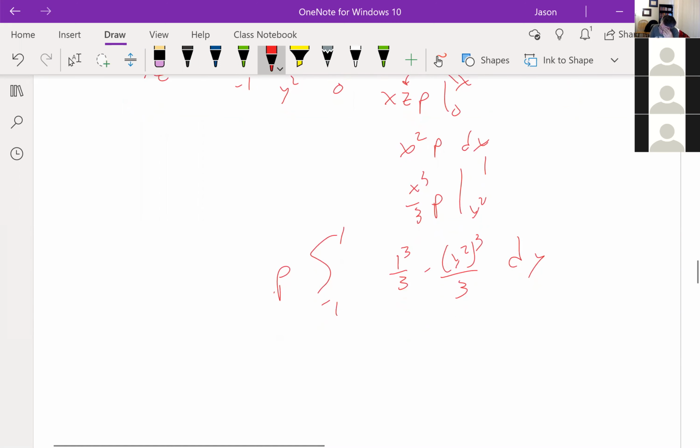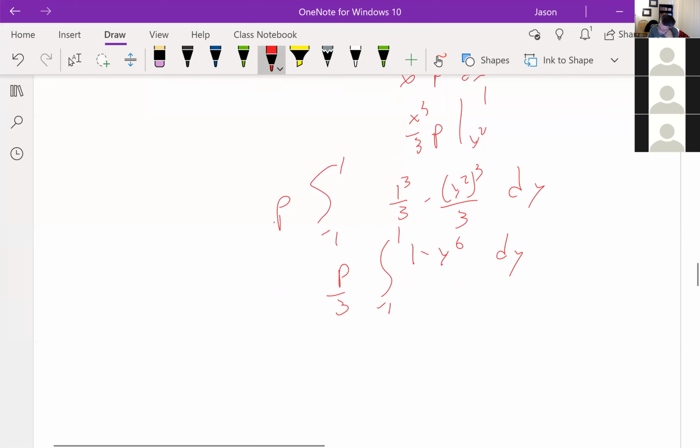Right? So this is going to be, look at the 1. That's 1 cubed, 1/3. So this is 1 minus y to the 6th, p over 3, negative 1 to 1 dy. Okay, so what is this? This is going to be y minus y to the 7th over 7 from negative 1 to 1, p over 3.